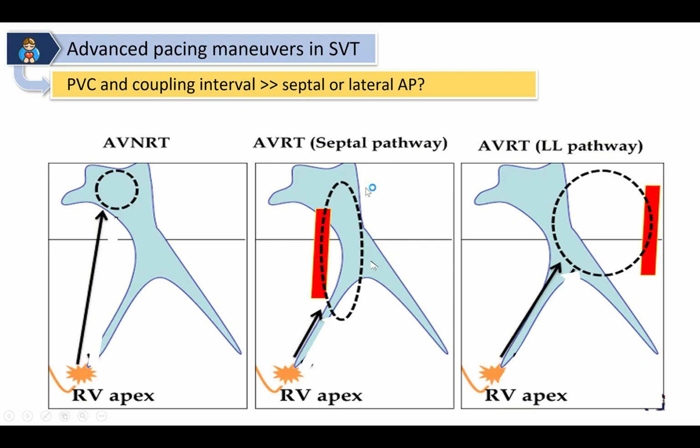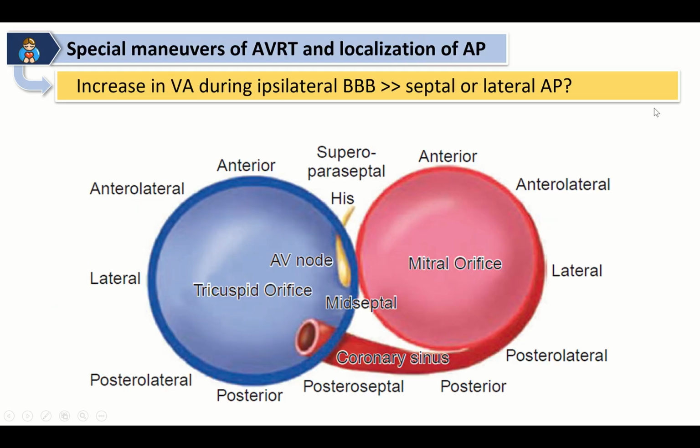In septal accessory pathway, tachycardia cycle length is long involving the V, and if you want to give His synchronous PVC, it should be very late coupled to reach the AVRT using septal accessory pathway, so almost no difference between them. So tachycardia cycle length minus PVC coupling interval is less than 45, it may be 20, 10, it may equal each other. If using left lateral accessory pathway, it's more than 75 milliseconds.